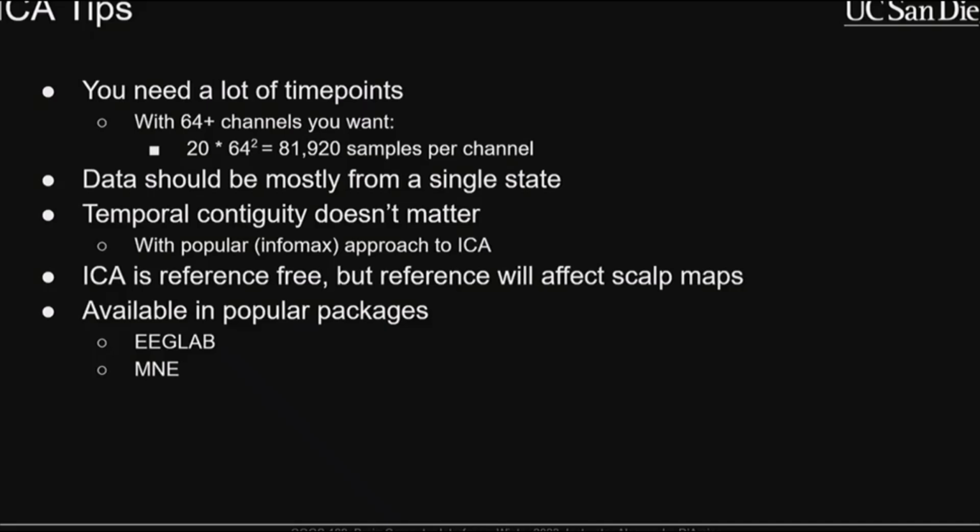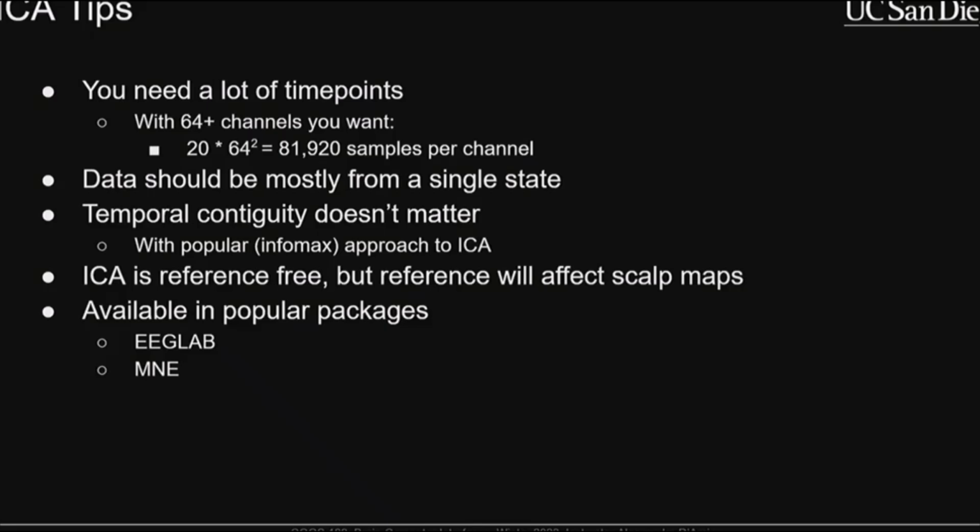Because temporal contiguity doesn't matter, you can just delete the section of the data where they're taking a break and stitch together the first active part of the task and the next active part. ICA will not care, and it should perform just as well, assuming the data haven't drifted too much because of artifacts or the fact that EEG is non-stationary.